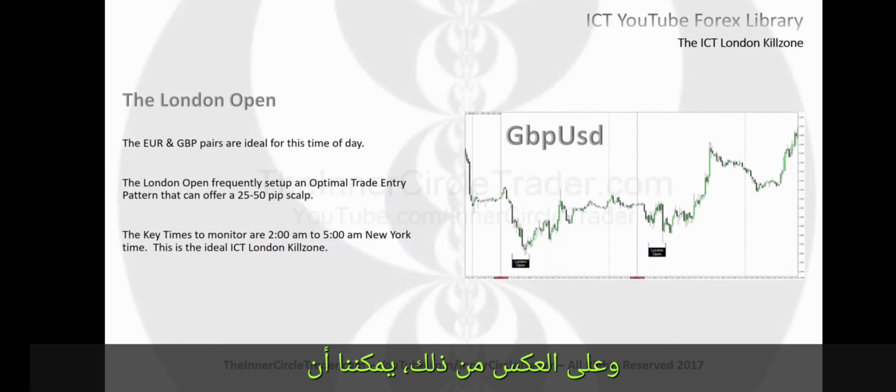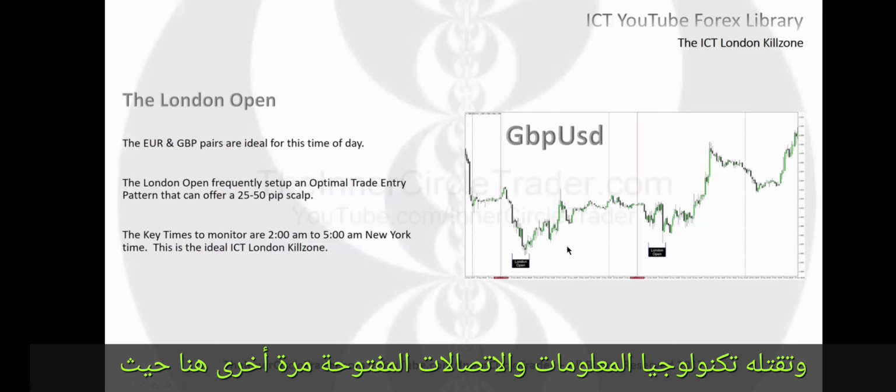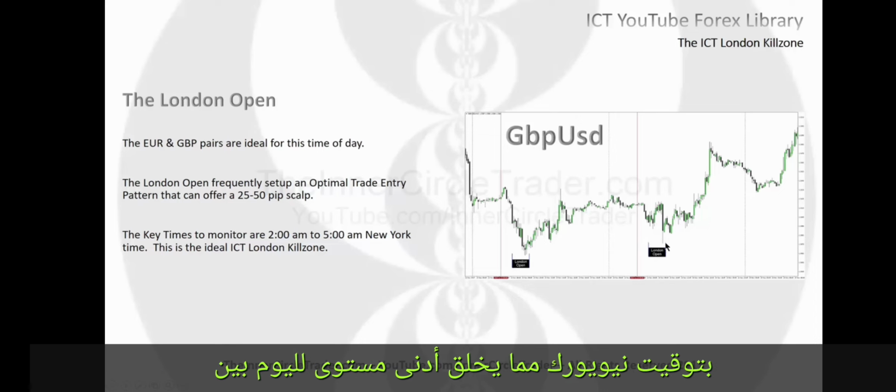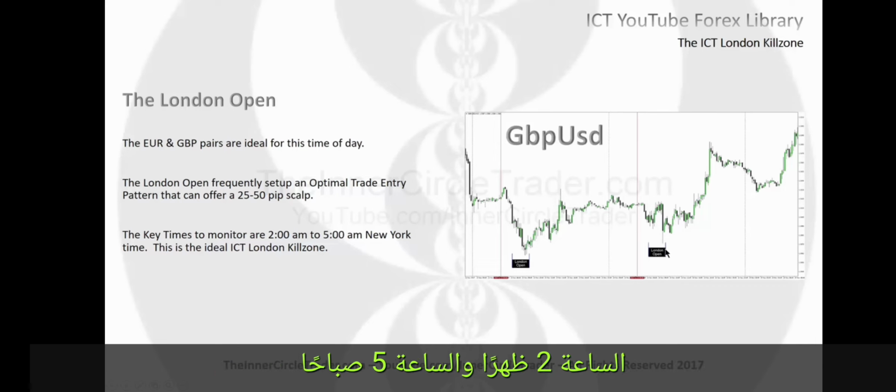Okay, and conversely, we can see when the market is bullish, the tendency is for the market to trade down, creating the low of the day in the London Open ICT kill zone. Again here, market trades down after midnight New York time, creates the low of the day between 2 o'clock and 5 o'clock in the morning New York time. Low of the day forms, off to the races we go.